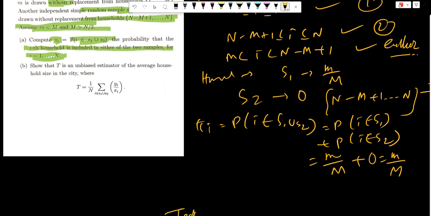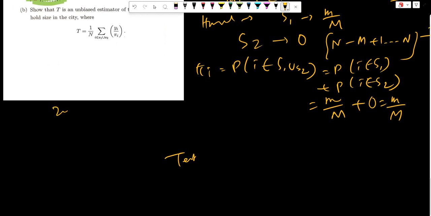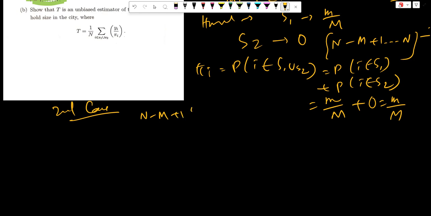So for the second case में ऐसे ही करेंगे. So the second case, n minus m plus 1 less than or equal to i less than or equal to n.